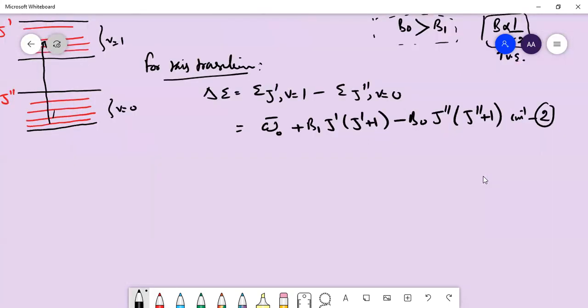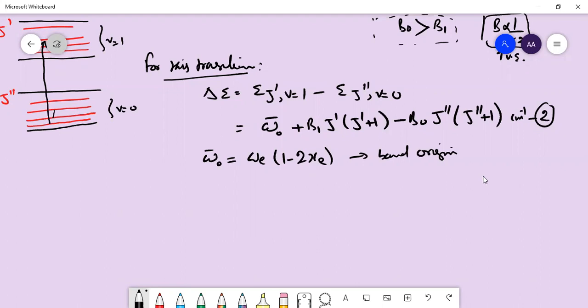Here again, this omega naught bar, which we have already discussed, is equal to omega e (1 minus 2xe). And usually we call it the band origin. This particular omega naught value corresponds to the band origin value, where actually the band originates in a spectrum.